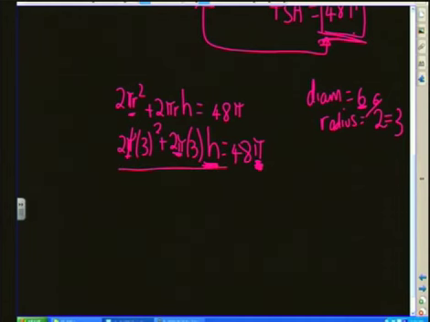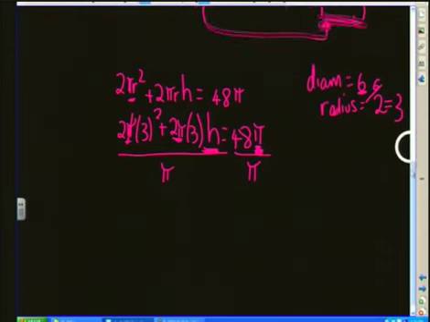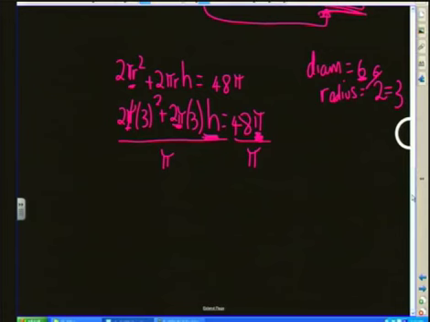We divide the left-hand side by pi, we divide the right-hand side by pi. And we're going to get 3 squared, which is 9 times 2 is 18, plus 6h is equal to 48. Because remember, I've divided the pi out.